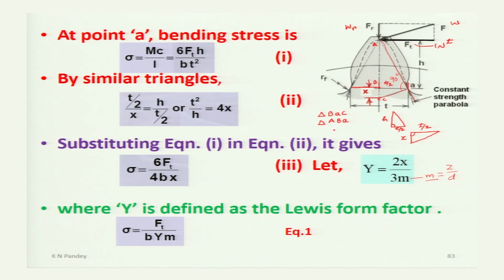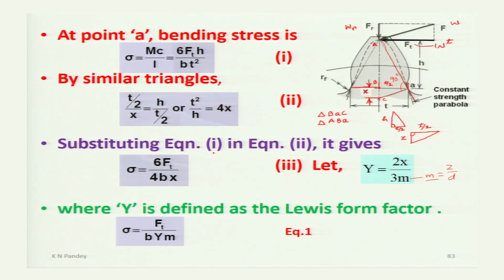Now from these two triangles we have (t/2)/x = h/(t/2), or t²/h = 4x.